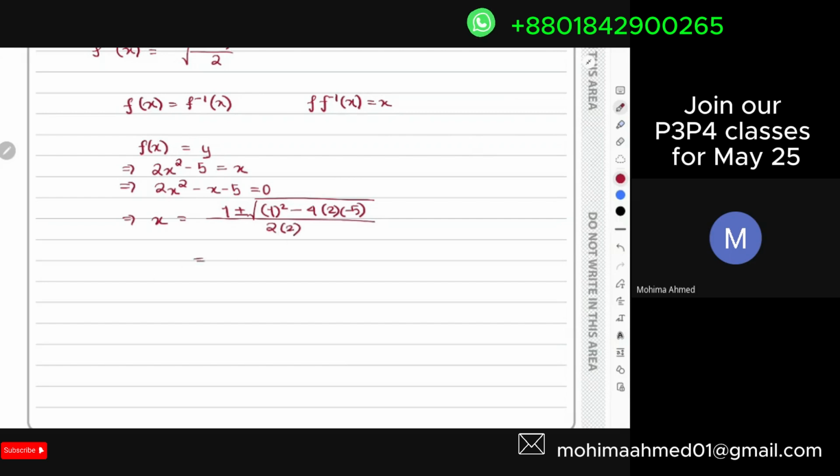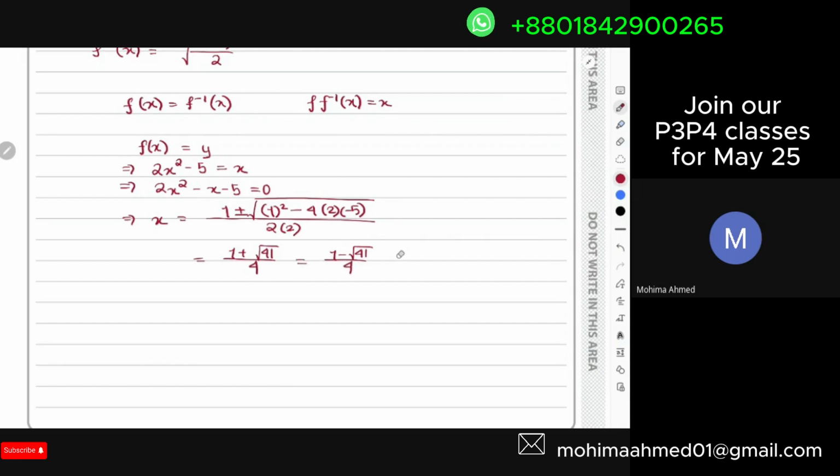So this one becomes 1 plus 40. That's 41. So you get (1 plus root 41) divided by 4 and (1 minus root 41) divided by 4.